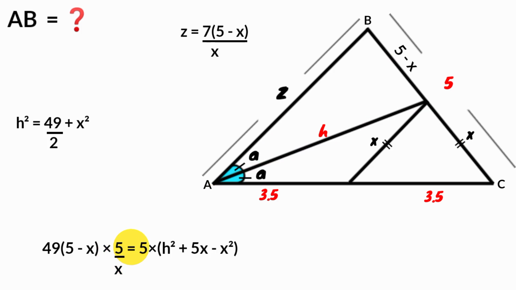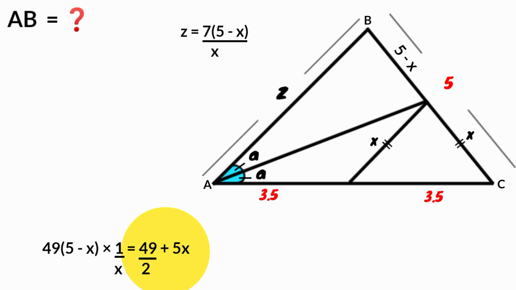This 5 eliminates this 5. This h squared, we have its value here to be 49 over 2 plus x squared. Substitute it here. x squared minus x squared is 0. So it is 49 over 2 plus 5x. Simplify into a single fraction.